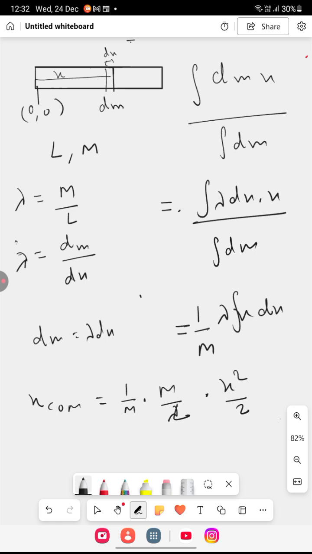The limit of the integral is from 0 to L, as L is the total length.